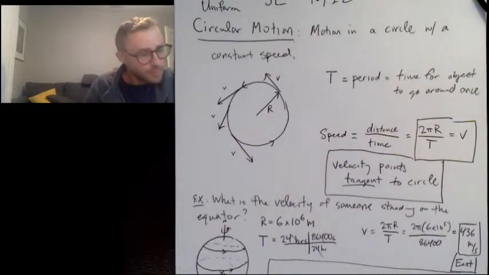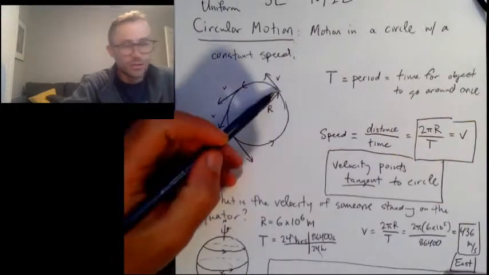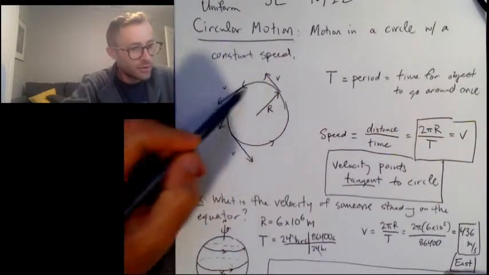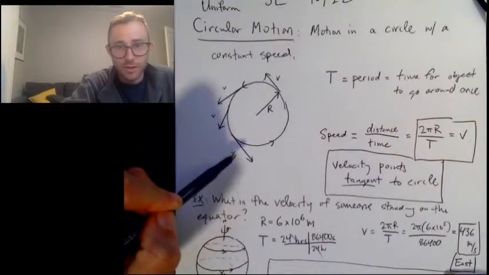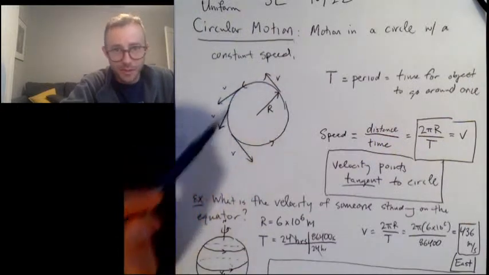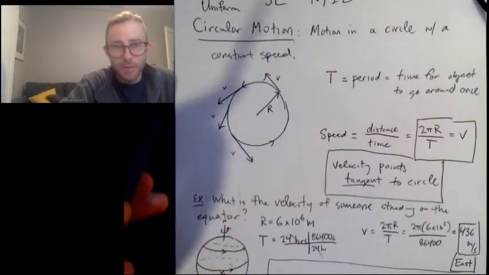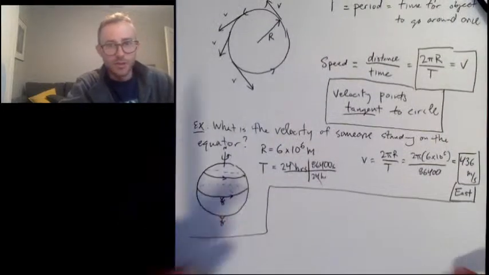But that's not the only way you can accelerate. The other way you can accelerate is by changing the direction of the velocity. Okay? So the direction of this velocity vector is changing as you go around the circle. The size of the velocity vector isn't changing because you have the same speed, but the direction of the velocity vector is changing, okay?